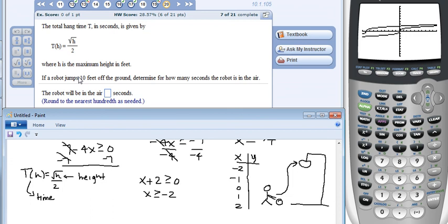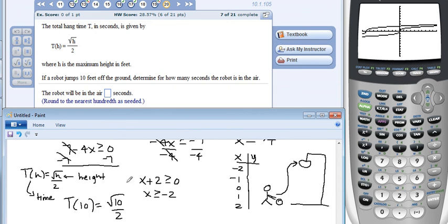It says if a robot jumps 10 feet off the ground, determine for how many seconds the robot's in the air. We've been given the height, and we want to know the hang time. So we're evaluating this at 10, and we have square root of 10, so we replace the h with a 10.